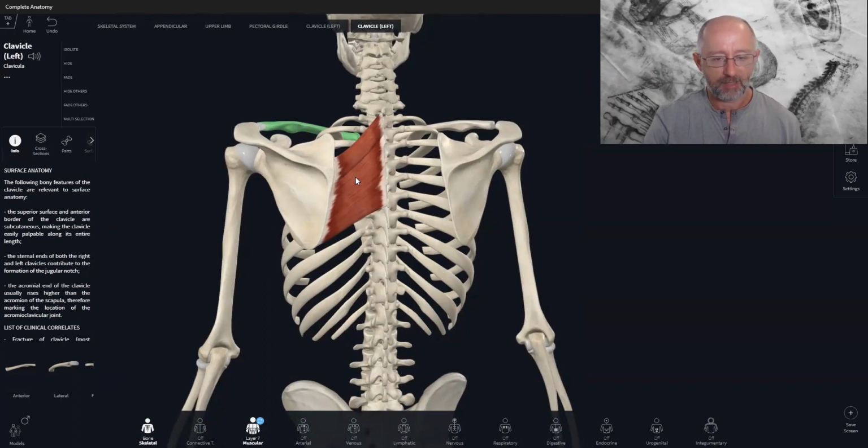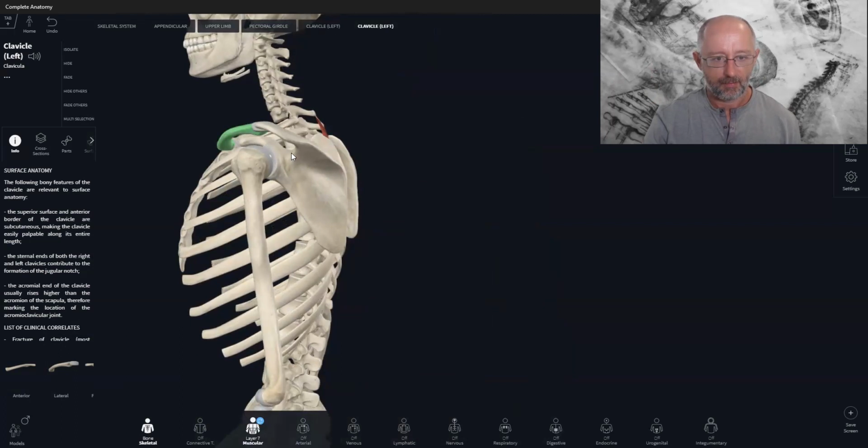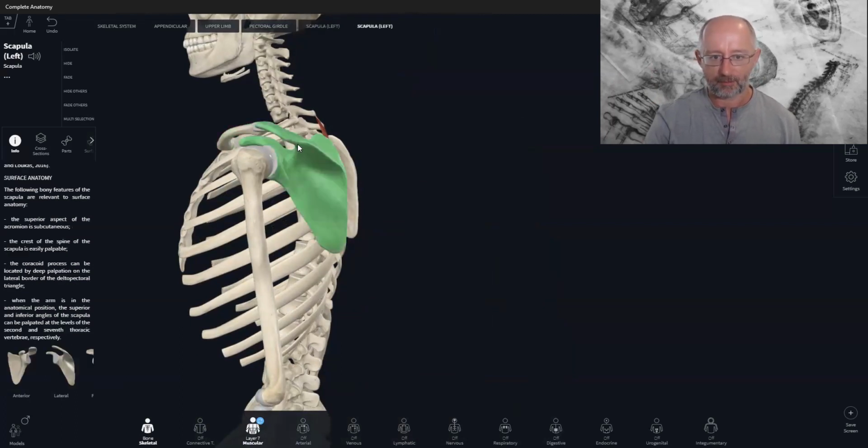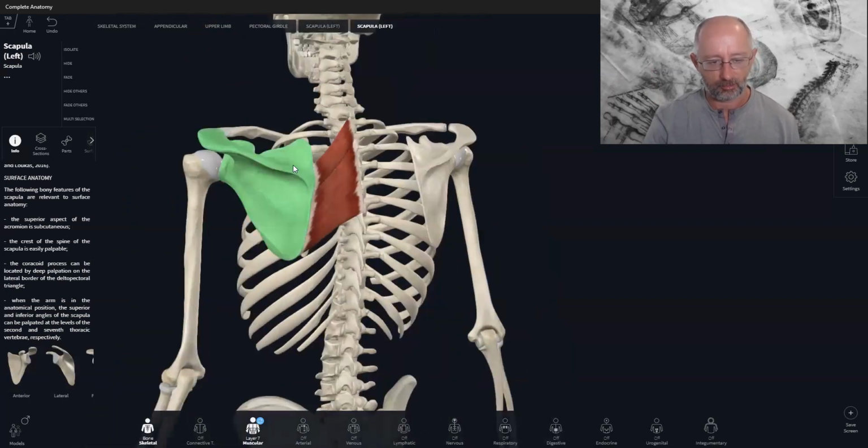Okay, so retraction means that if you look from the side, this whole complex here is going to move back this way. The way to think about that is the shoulder blade itself sits on the rib cage, which has a round shape, like a barrel.